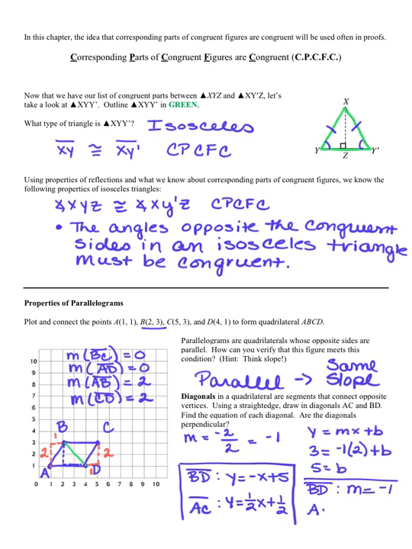AC has a slope of positive 1/2. These slopes are opposite signs, but they are not reciprocals of each other. Therefore, the diagonals are not perpendicular.